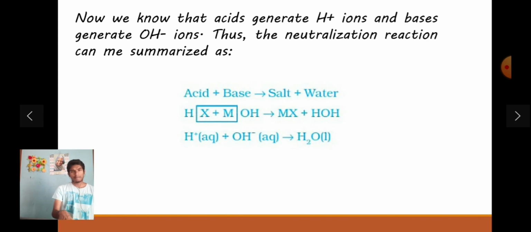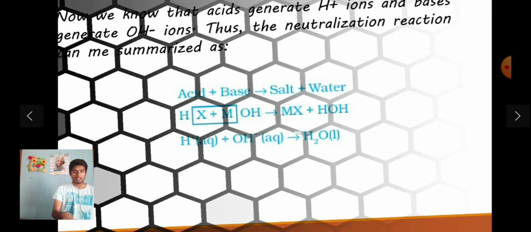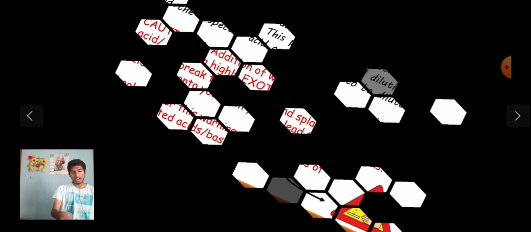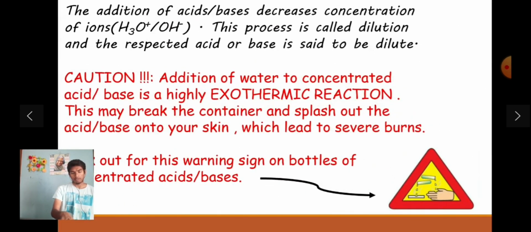This can also be written as H+. If we remove the chlorine or bromine or fluorine, anything, we get the positive ion, which is H+. Similarly, when we remove the metal from MOH, we get OH-. H+ plus OH- gives us H2O. As simple as butter, right?